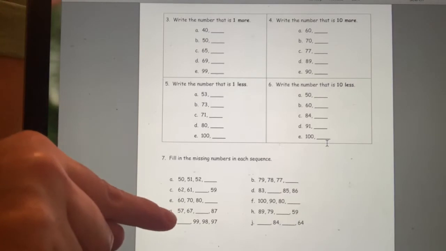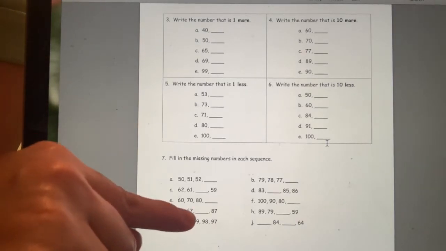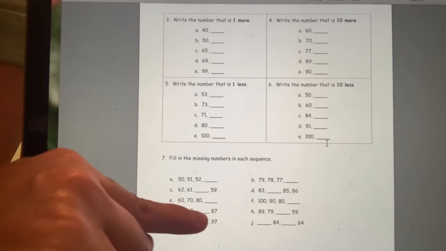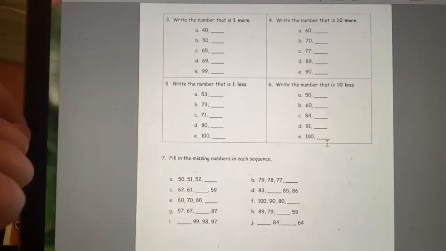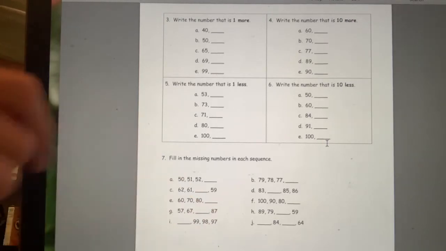But if you look at G right here, 57, 67, blank, 87. What am I counting by? 10. So you have to figure out that missing 10 right there. So those are just really cool patterns that you're just going to have to try to figure out on your own if you can get up to that part, okay?